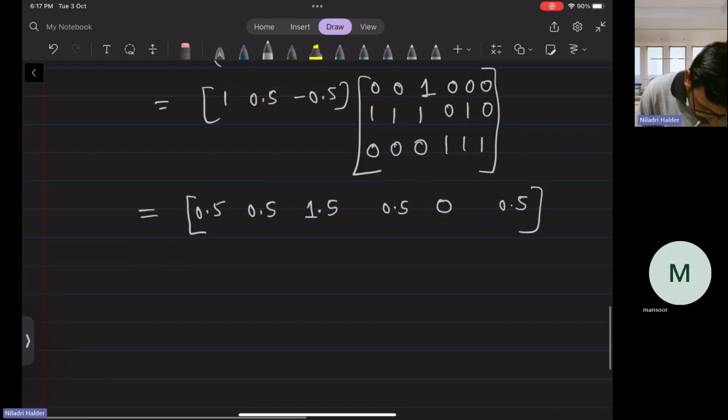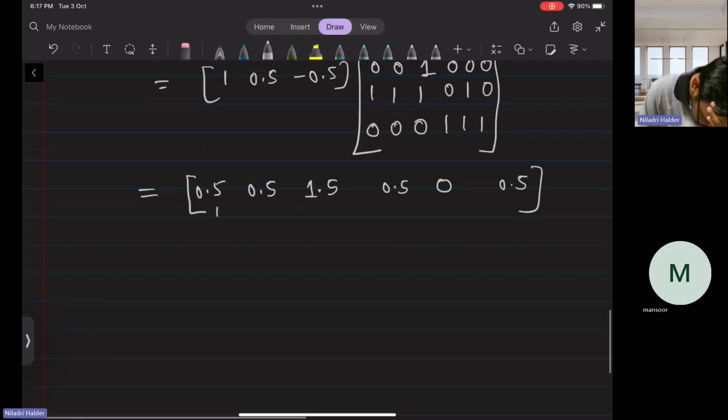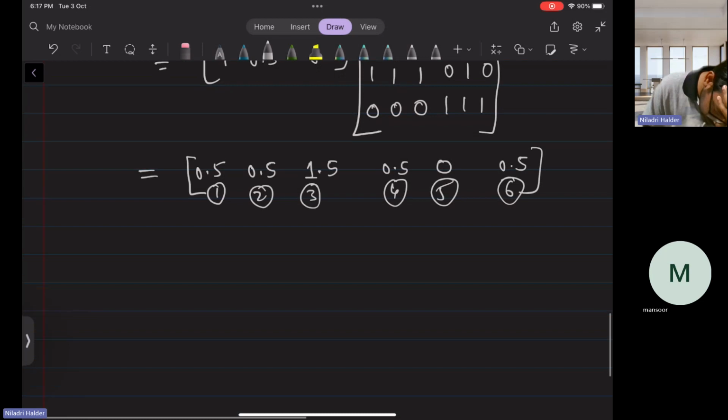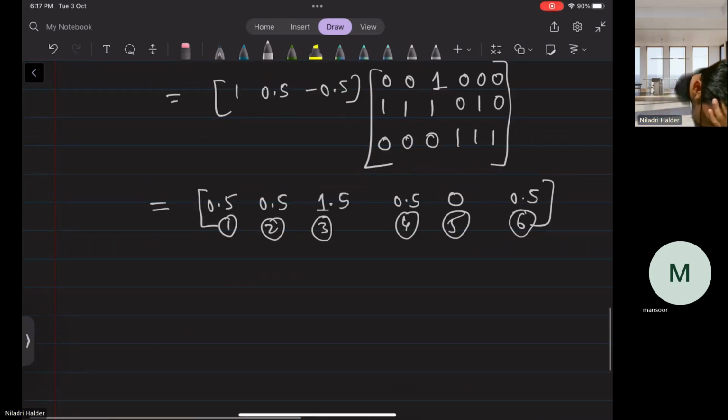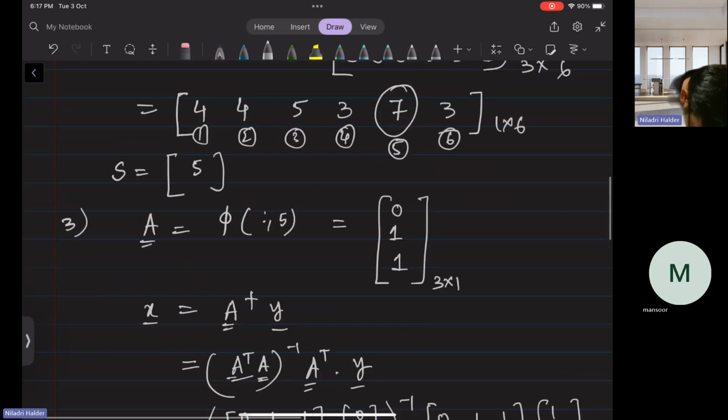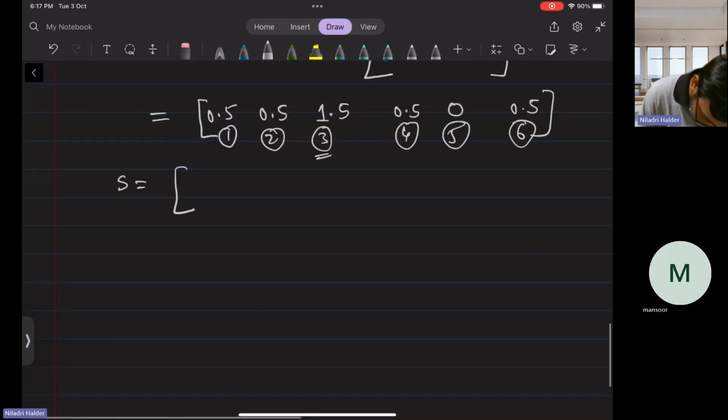So then the position: this is the first position, second position, third position, fourth position, fifth position, and sixth position. Of this, which entry is maximum? So then S will take... last time it was the fifth position, right? Now it's taking the third position. So S is 3, 5.